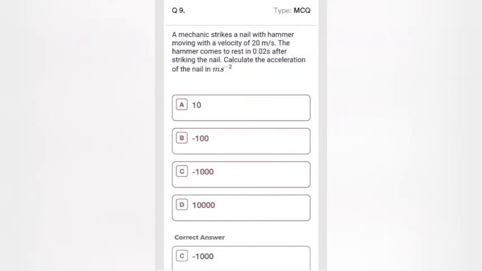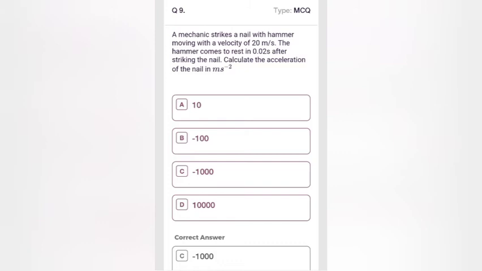Ninth question. A mechanic strikes a nail with hammer moving with a velocity of 20 meter per second, and the hammer comes to rest in 0.02 seconds after striking the nail. Calculate the acceleration of the nail in meter per second square.